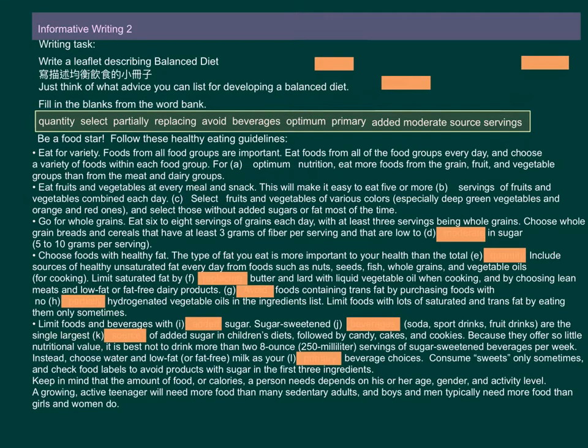C will be select. The answer for D is moderate. The answer for E is quantity.